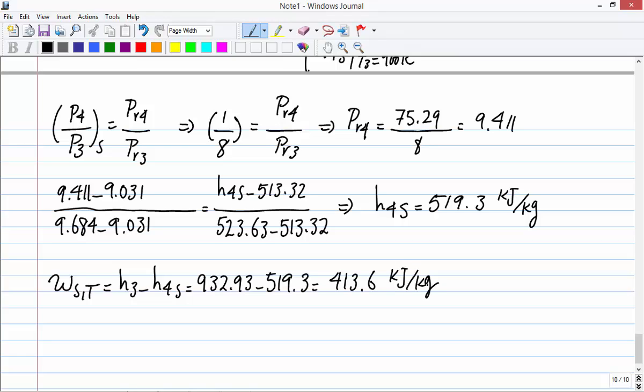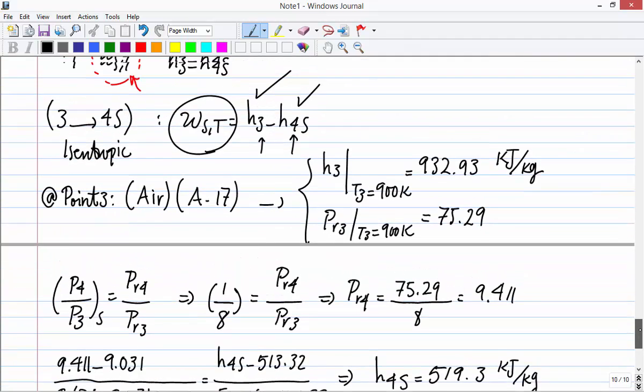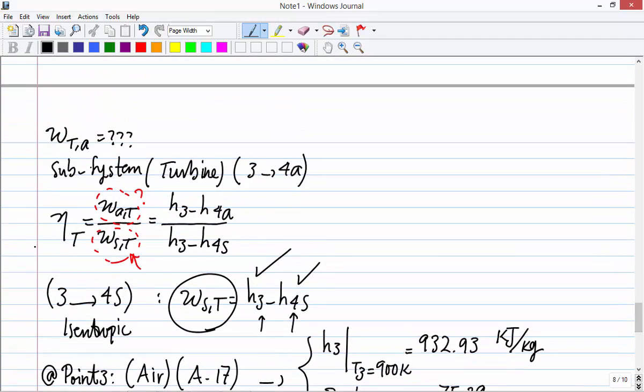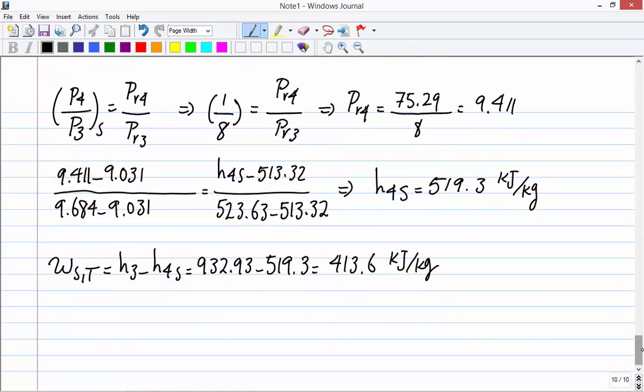Now we have the isentropic work, but we are looking for actual work, so we need to use the efficiency. I'm looking for the actual work of the turbine, which is efficiency times isentropic work. I will subtract the actual work of the compressor from it to get the net work.